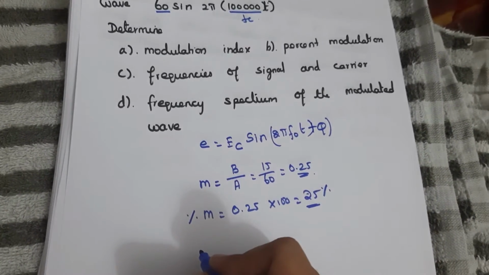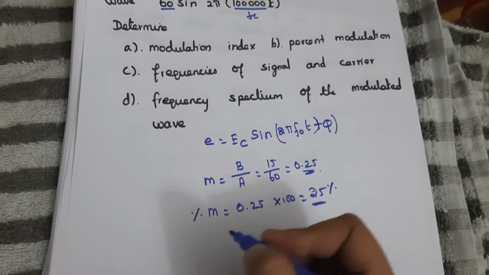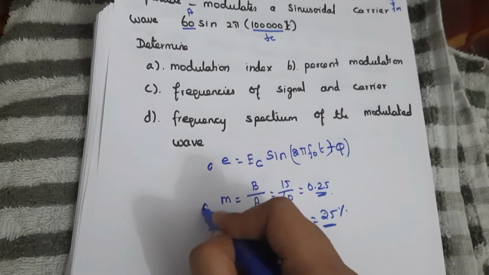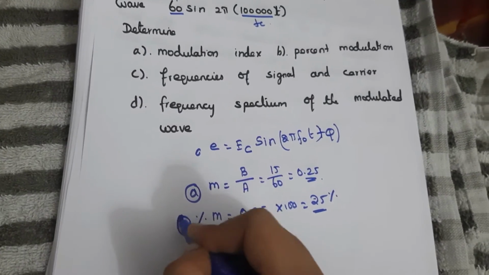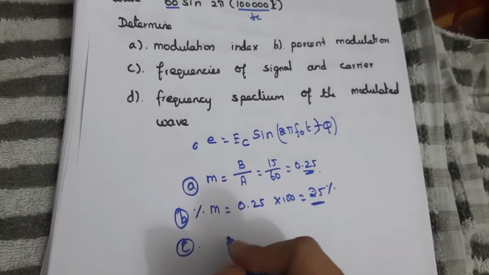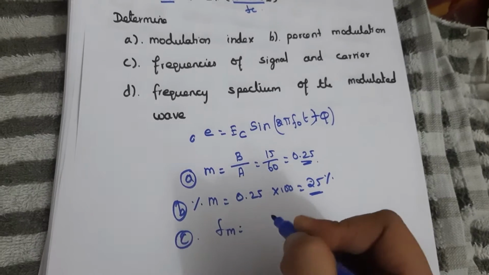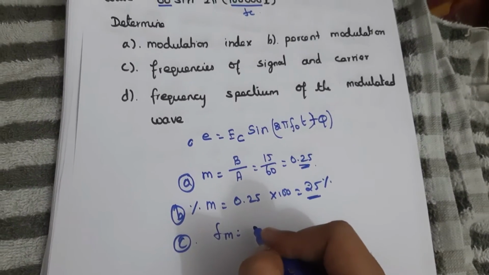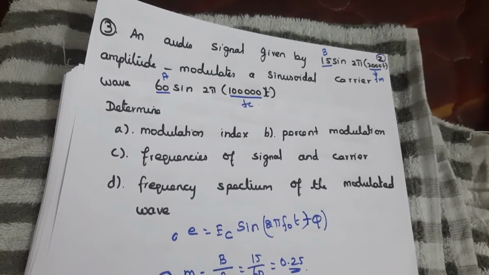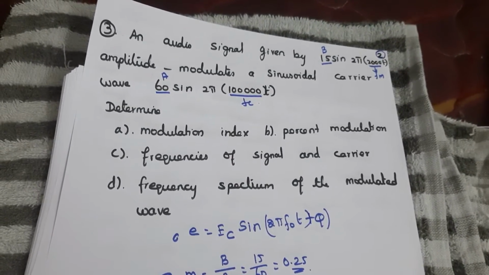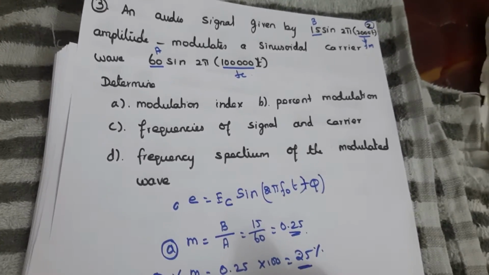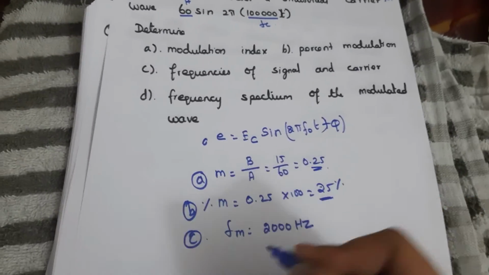And the frequency of signal and carrier. This one is for A, this one for B, and C is the frequency of signal and carrier, that is FM and FC. They ask for FM and FC, and from the question itself we can find FM is 2000 hertz.